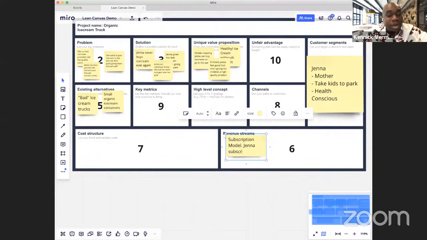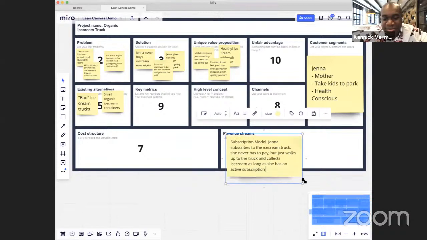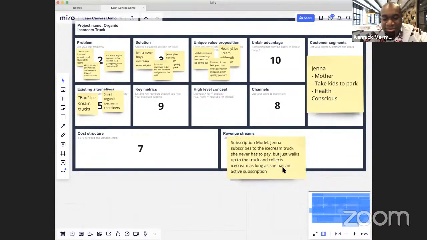Jenna subscribes to the ice cream truck. She never has to pay, but just walks up to the truck and collects ice cream as long as she has an active subscription. Boom.